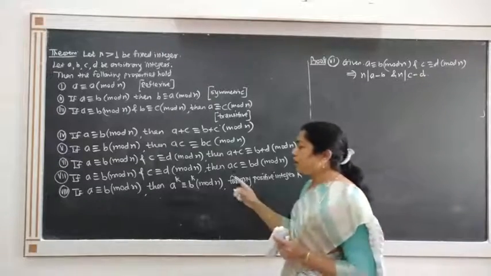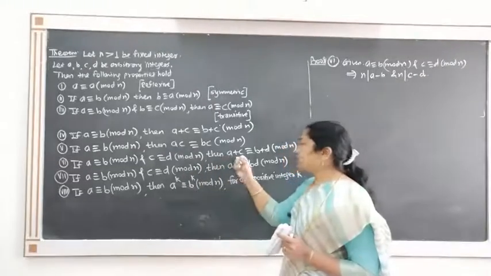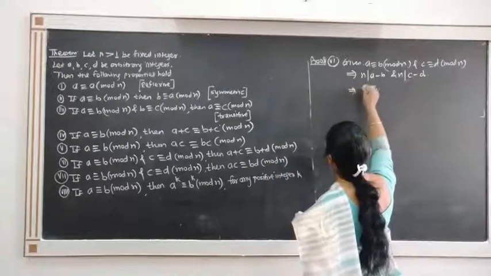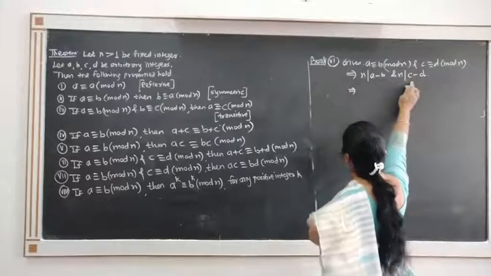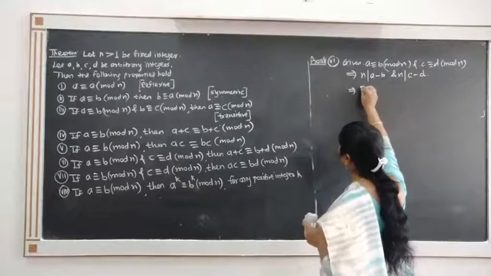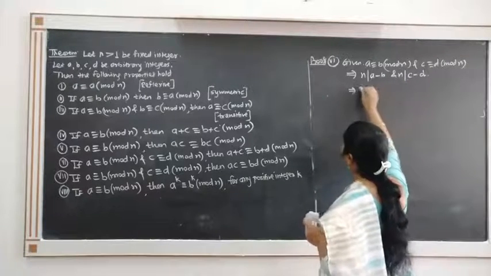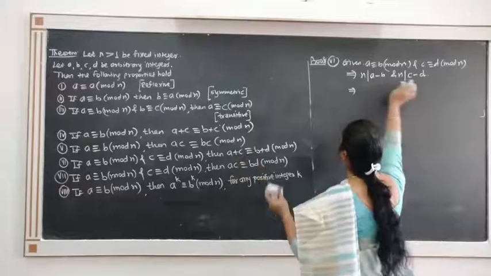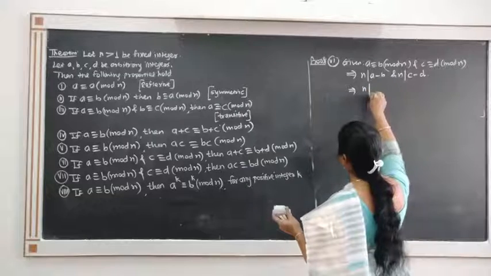We want to prove that a plus c is congruent to b plus d mod n. So if n divides a minus b and n divides c minus d, we want a plus c congruent to b plus d. So we will add these two.